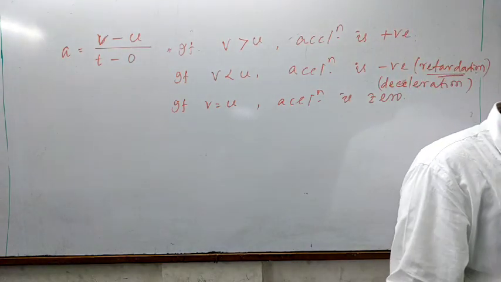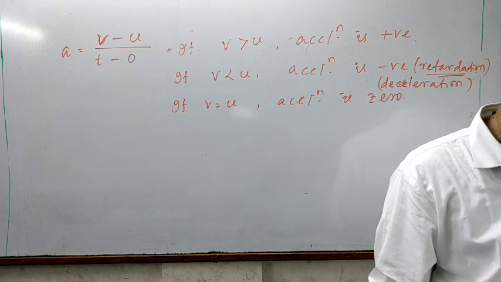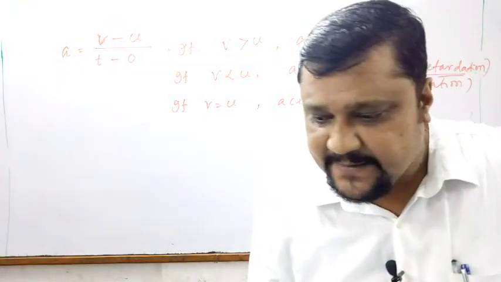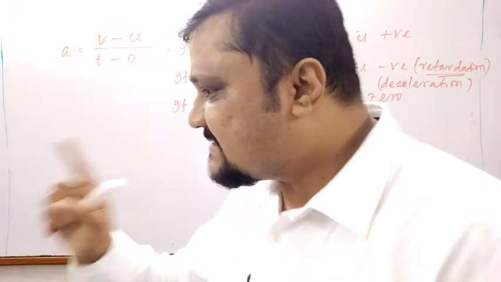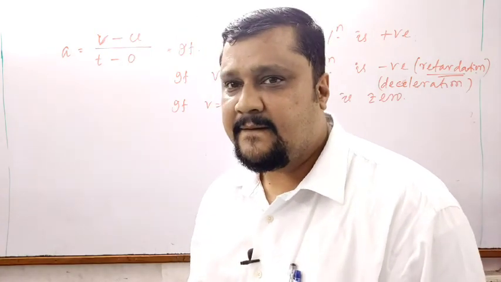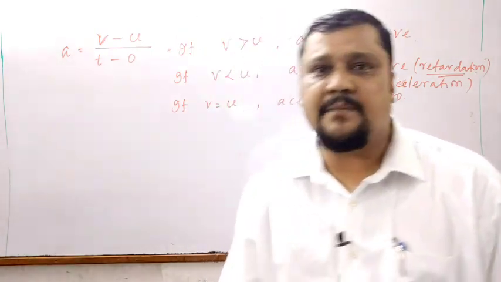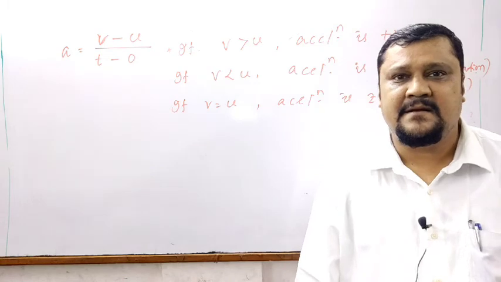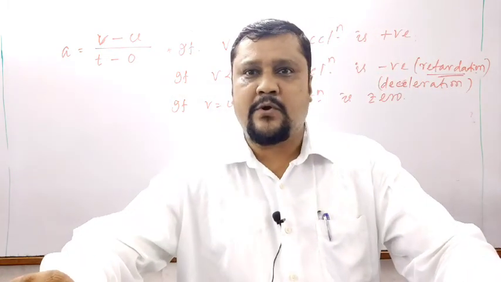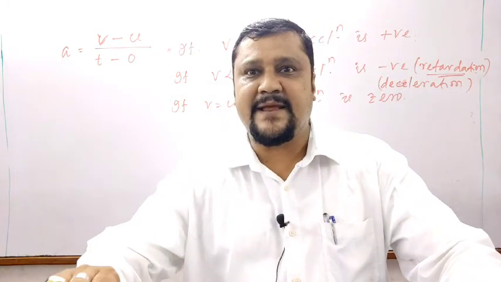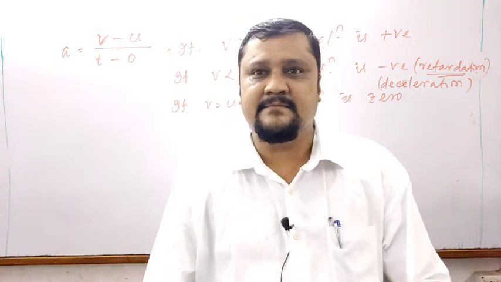Then when the velocity and acceleration of an object are in the same direction, what happens? The speed of the body increases. You are on a motorbike, you are accelerating, which means your speed is increasing.